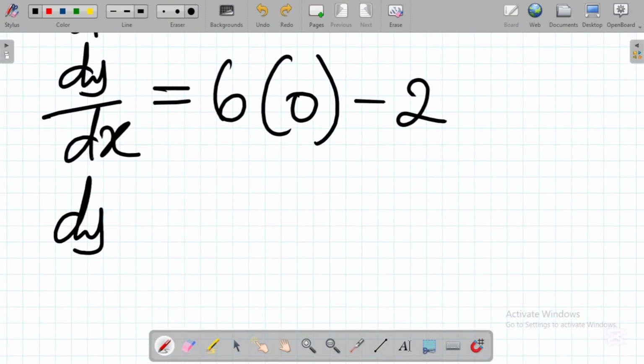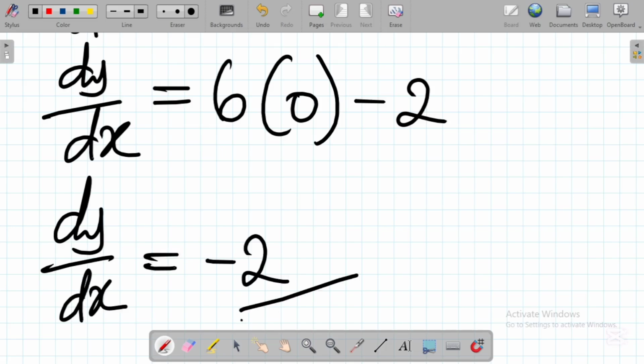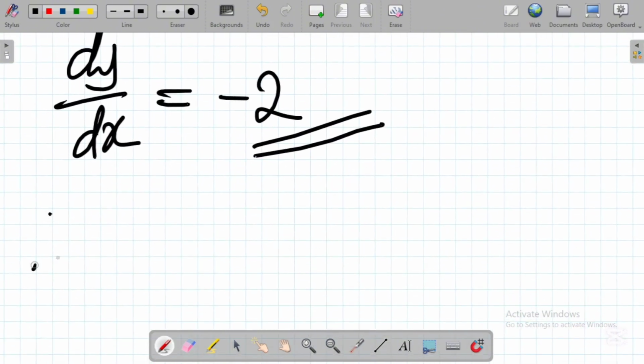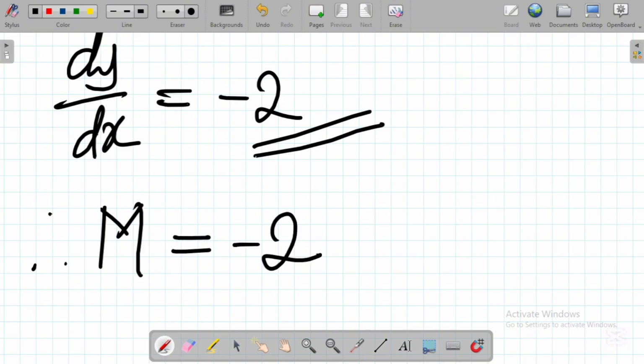So dy/dx is equal to negative 2. So this is the gradient or the slope of the tangent. Therefore, m, which is the gradient or the slope of the tangent, is equal to -2.